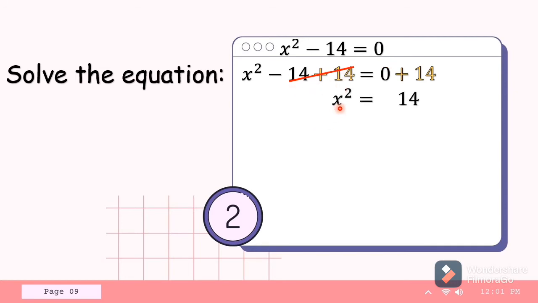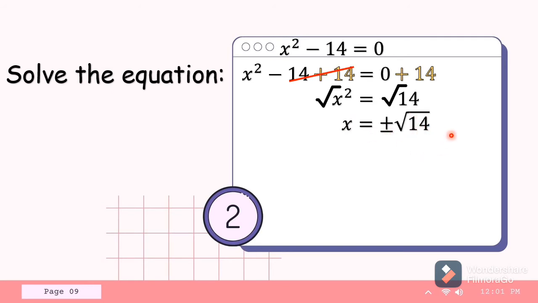So, ang kalalabasan na ng ating equation will be x squared is equal to 14. This time, since x squared na lang ang natira sa kaliwang bahagi ng ating equation, then we can apply the square root property. So, we have square root of x squared is equal to the square root of 14. So, that will be x is equal to positive negative square root of 14.